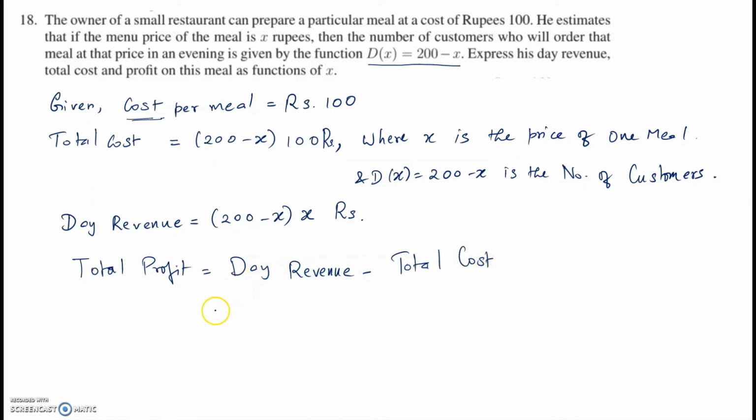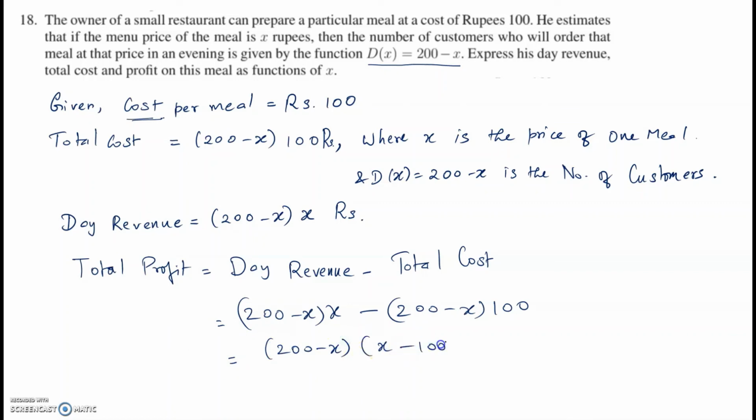Okay, so which is equal to, your day revenue is 200 minus x into x minus the cost of preparation is 200 minus x into 100. So you can simplify this as, since 200 minus x is common to both, 200 minus x into x minus 100 rupees.